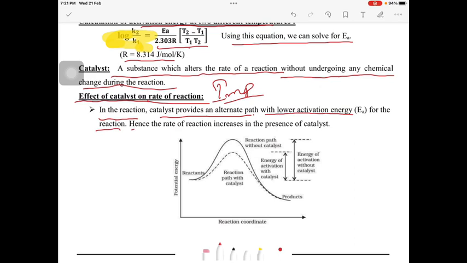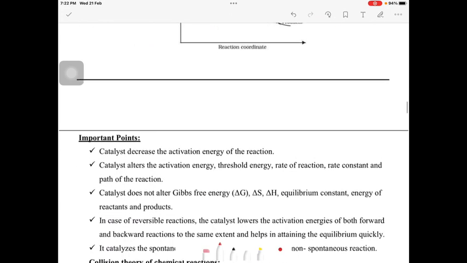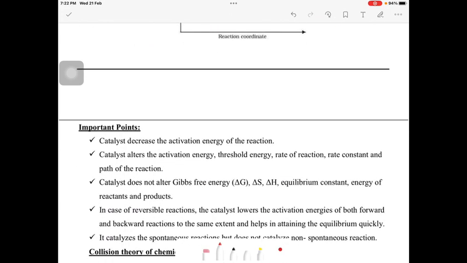Hence, the rate of reaction increases in the presence of catalyst. Here is the first one without catalyst, here it is with catalyst. So activation energy decreases. Important point: catalyst decreases the activation energy of the reaction.